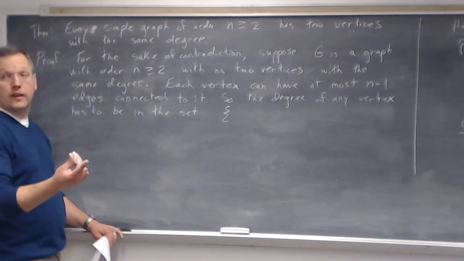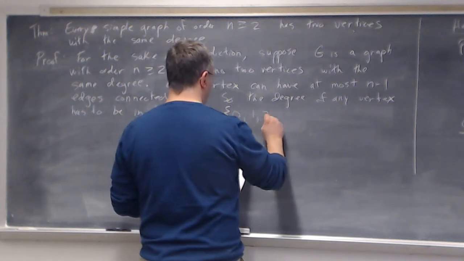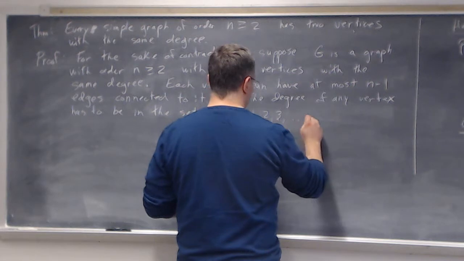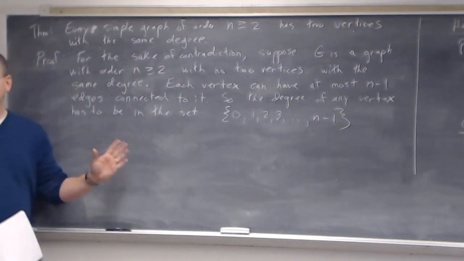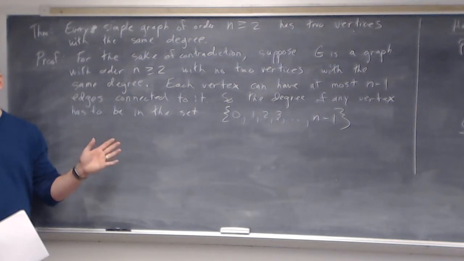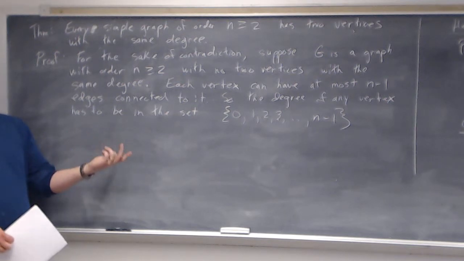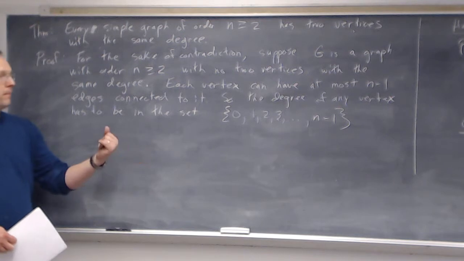You have no edges, right? So it has to be in the set 0, 1, 2, up to n minus 1. Okay, those are the only possible values for the degree of any one vertex. Believe that? We're saying the degree could be as small as 0, but no bigger than n minus 1.